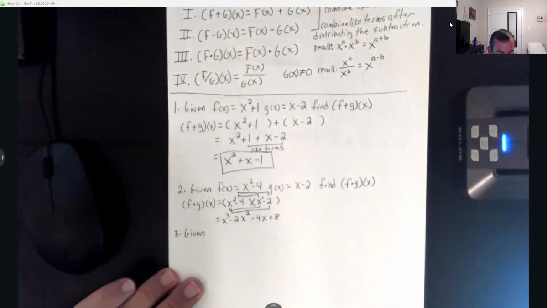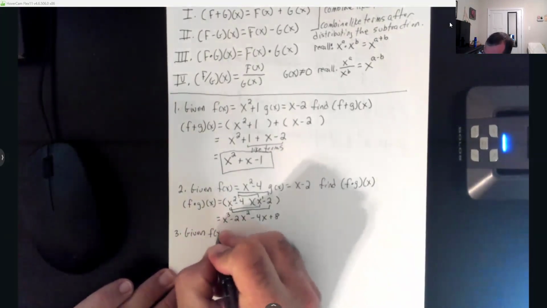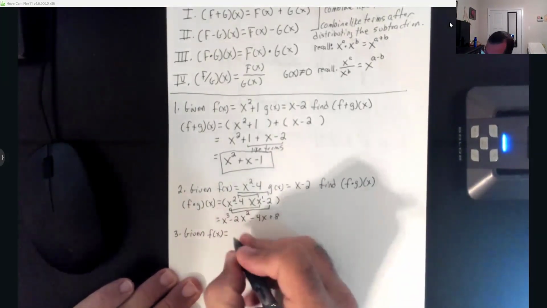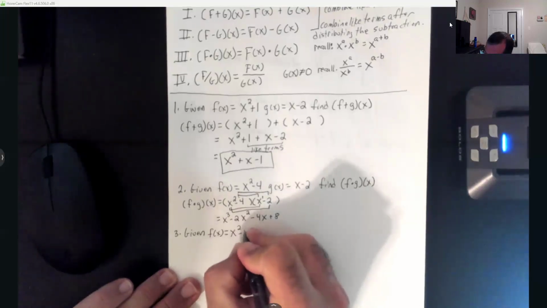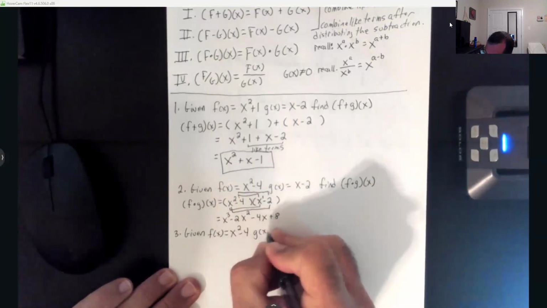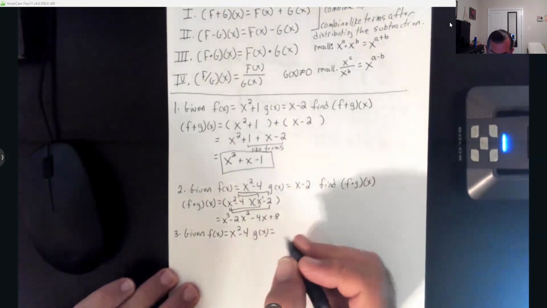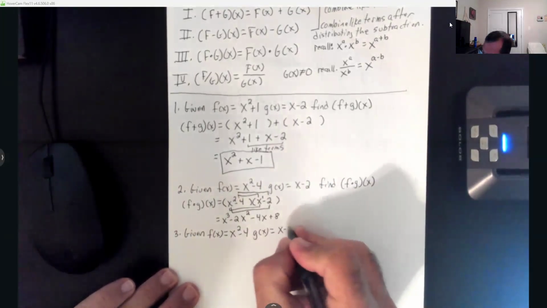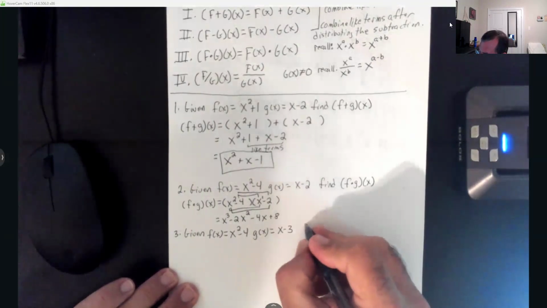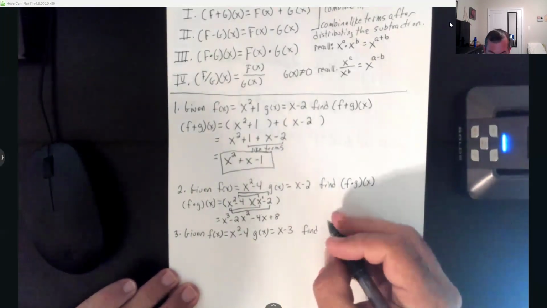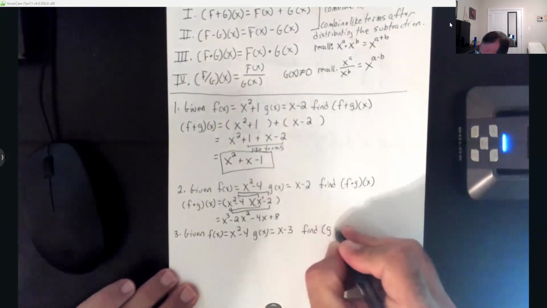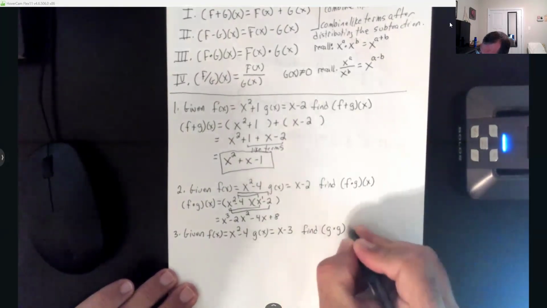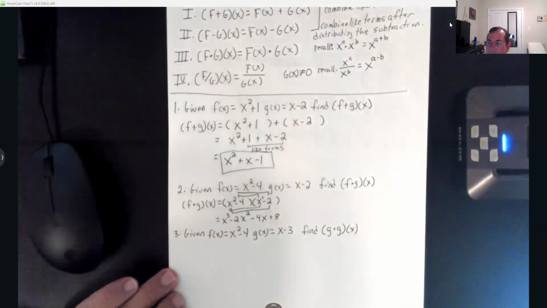All right, y'all, let's see what they're doing on number 3. They're giving me f of x equals x squared minus 4, and g of x equals x minus 3. But y'all look at this, they want me to find g times g of x.